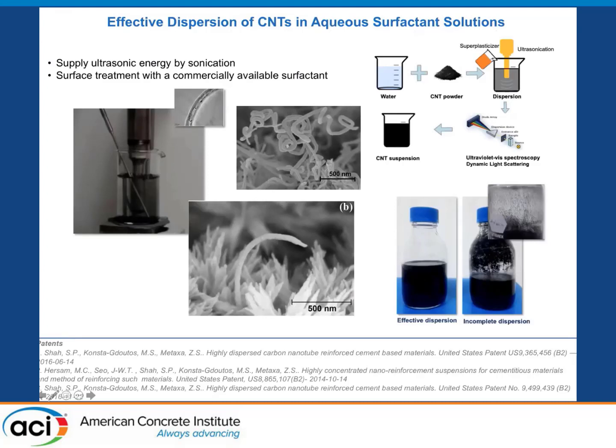Ultrasonication is a great method for dispersion, and so far, transmission electron microscopy, scanning electron microscopy, and atomic force microscopy have been routinely used to qualitatively characterize the dispersion of CNTs and get great pictures like the ones I'm showing you in this slide.